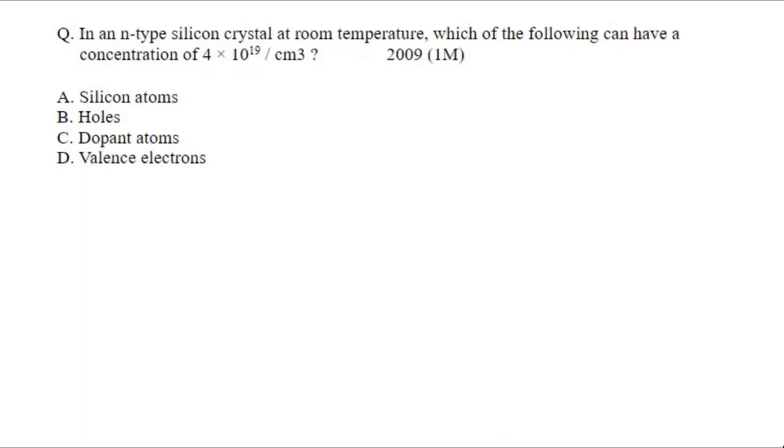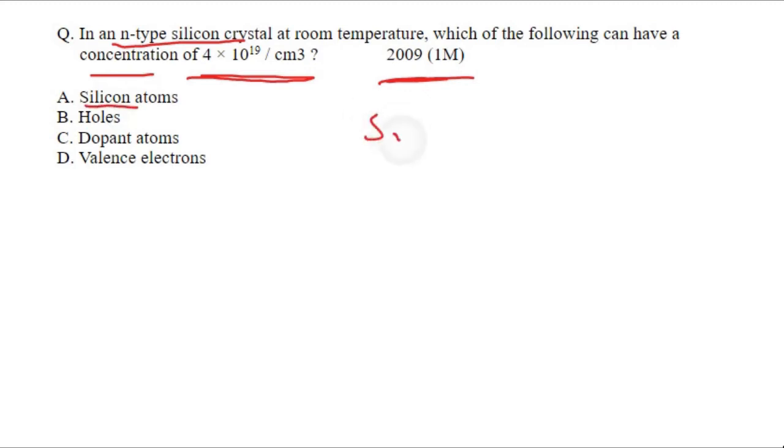In this question you can see that in an N-type silicon crystal at room temperature, which of the following can have a concentration of 4 into 10 to the power 19? So now let's see the options. This is a question for EC 2009 for 1 mark. In the first option it is given silicon atoms.